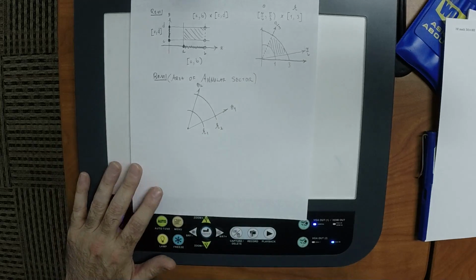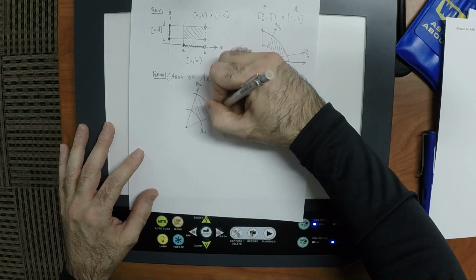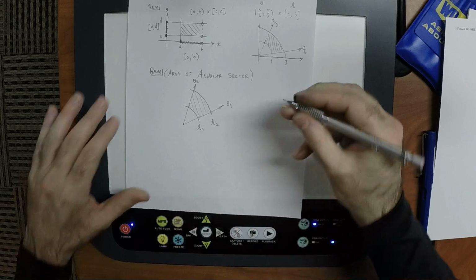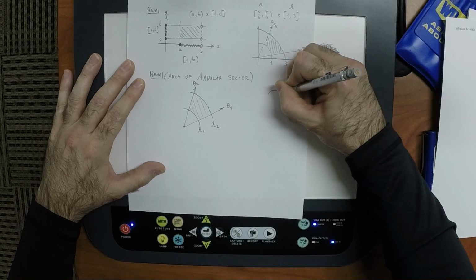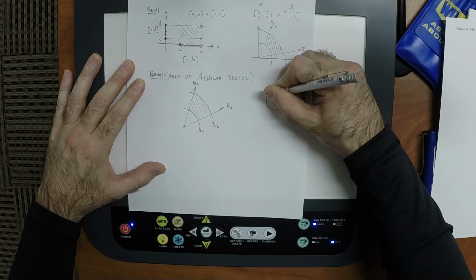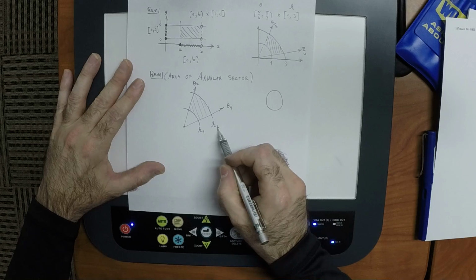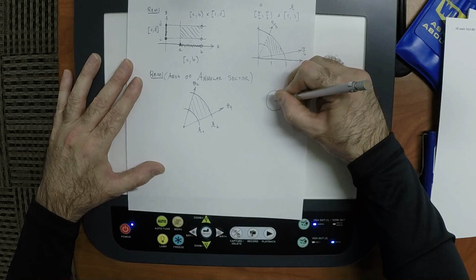So now we need a couple ideas. The first idea is, what if we had just an entire circle like this, right? Which is to say that we just had r2, this one radius.